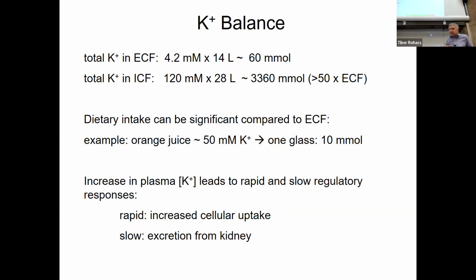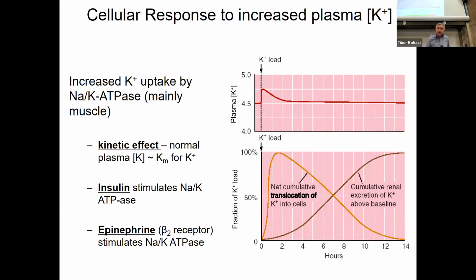So there is a rapid mechanism, which is increased cellular uptake of potassium that averts quick, large changes in plasma potassium. And the slow mechanism, excretion by the kidneys, is the one that actually maintains the long-term potassium balance. Here is a slide essentially explaining this and giving you some details of how potassium is moved to inside the cell.